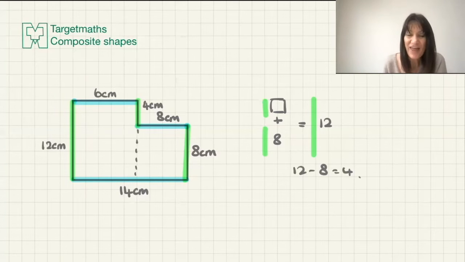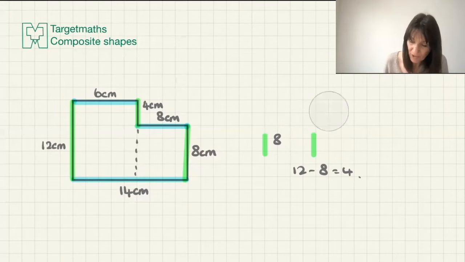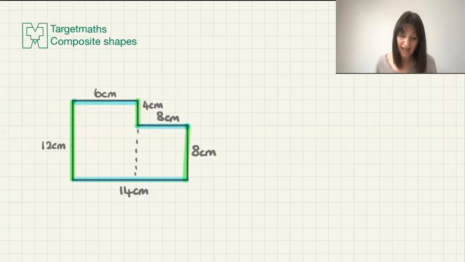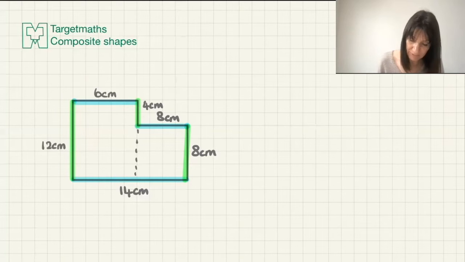Okay. So that was just something that I hope is useful and something you can use, like I say, if you've got yourself in a little bit of a pickle. Okay, now I have found all the missing edges, I can go all the way around the outside. I can pick up all the numbers as I go, and I will be able to work out the perimeter.